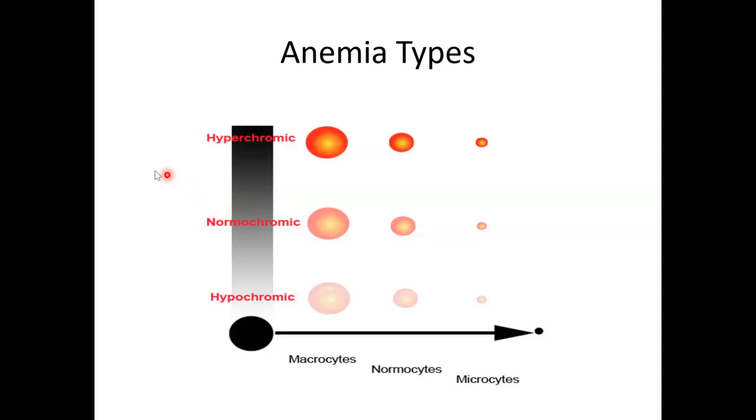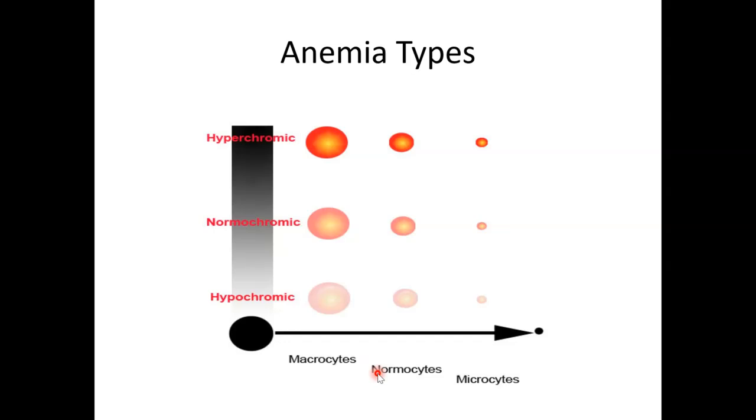So what you want to put over here and just write in with your pen is MCH. Remember when we get that blood level, the blood test, the MCH as far as the hemoglobin, it's really talking about color. And then down here, you can put the MCV, which is the size or the volume of the cell. So we need to know the color and the size of the cells, and they get categorized.